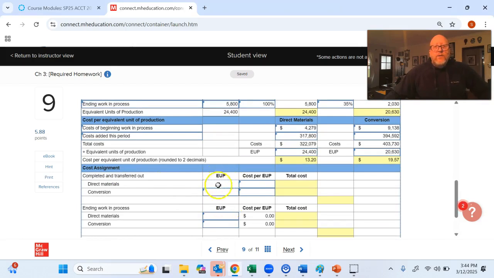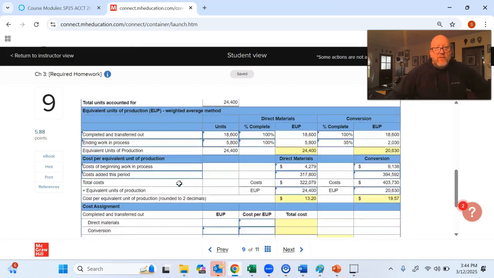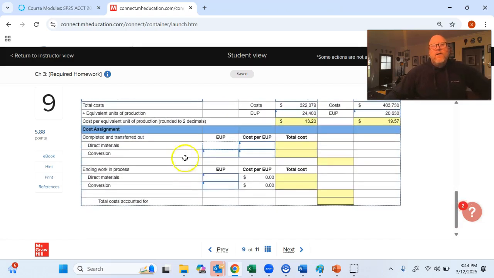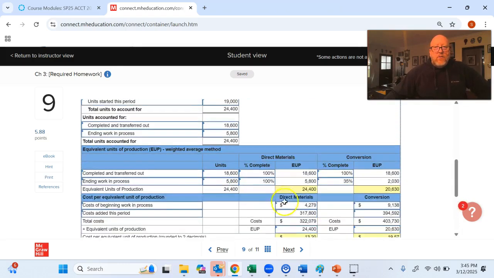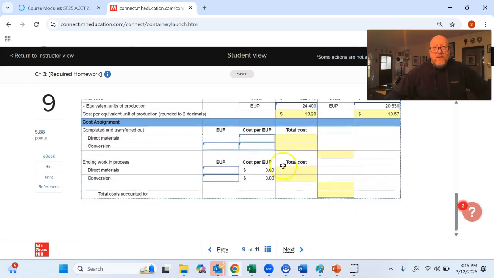How many equivalent units do I have with respect to material that was completed and transferred out? Man, this is where it gets confusing. But again, I'm looking for direct material that was completed and transferred out. Direct material 100% complete, EUP 18,600.